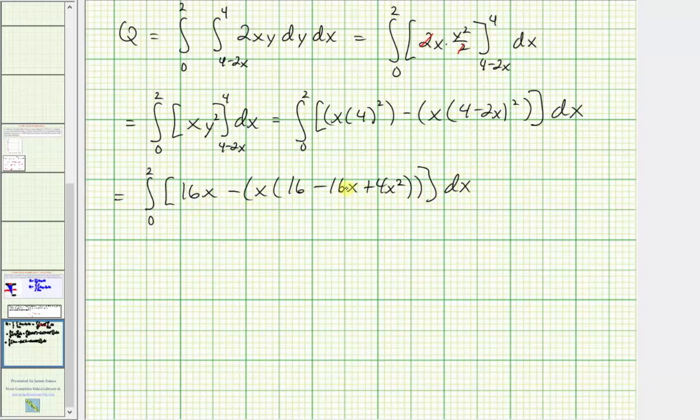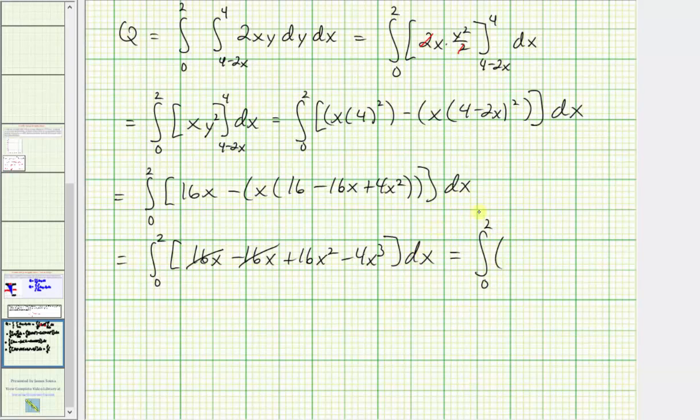Now simplifying inside the parentheses, we have 16x, minus 16x, plus 16x squared, minus 4x cubed. Notice how here 16x minus 16x would be 0. So now we have the integral from 0 to 2 of just 16x squared minus 4x to the third.